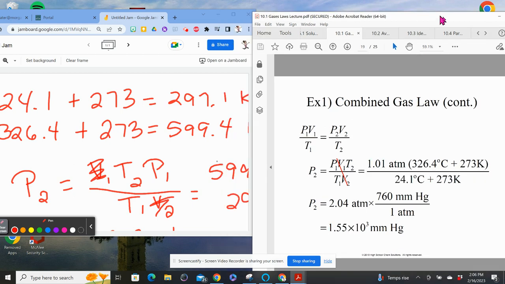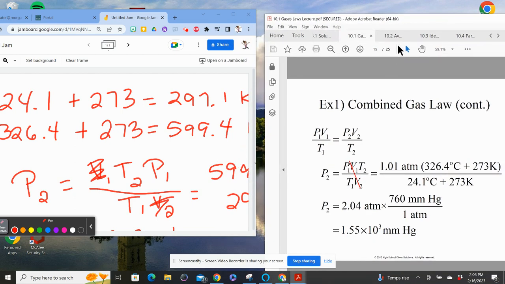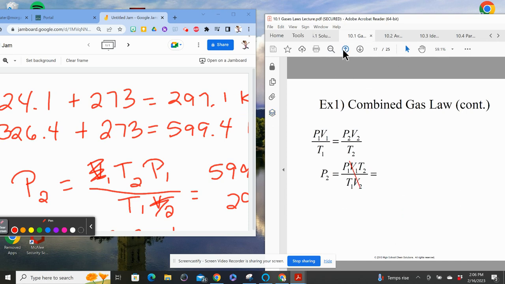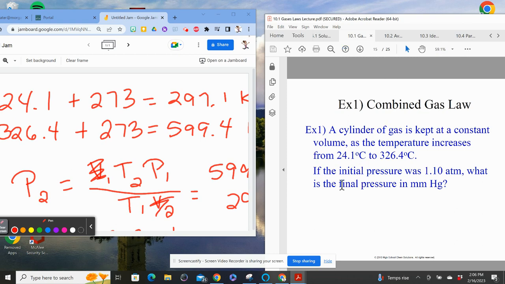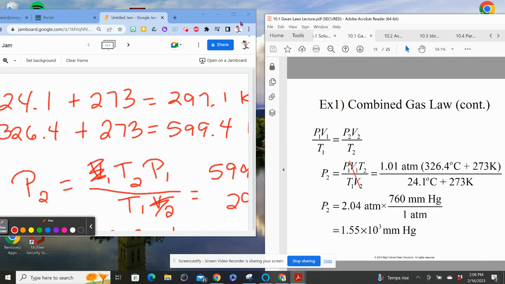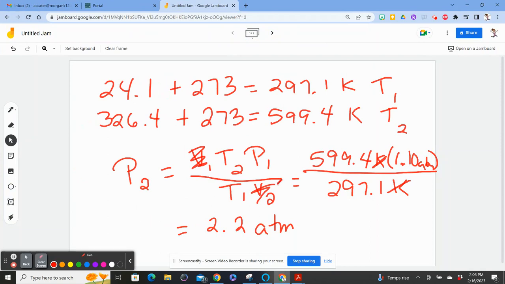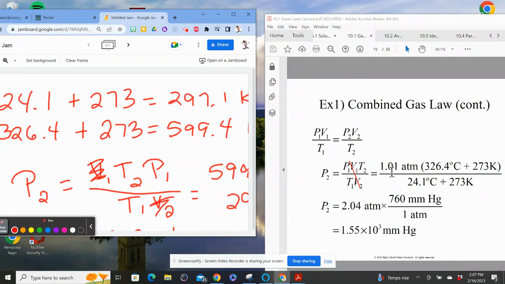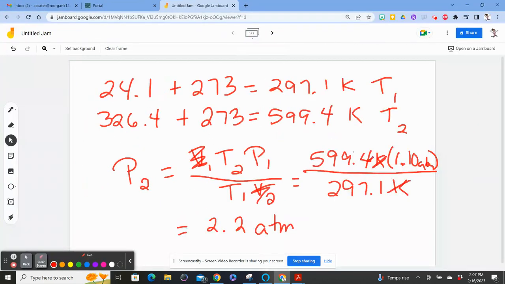That last step, the problem asked for millimeters of mercury. Let's go back up and look at the problem itself. Yes, the problem says, what is the final pressure in millimeters of mercury? So we did everything we needed to do to get the atmospheres. Let me make sure that was right. Oh, here's what I did wrong. This is not 1.1, it's 1.01.